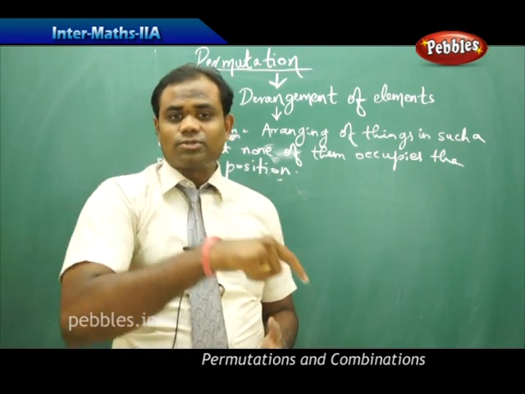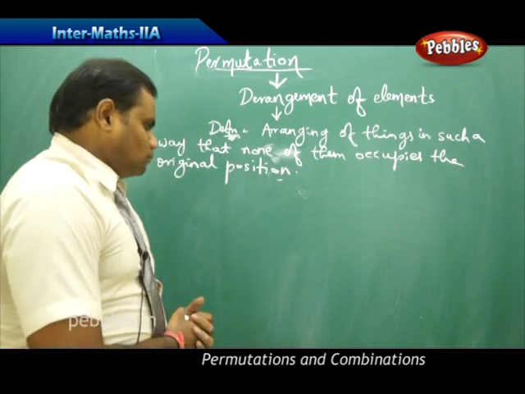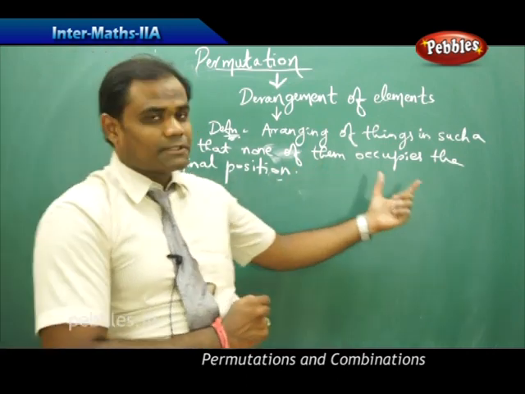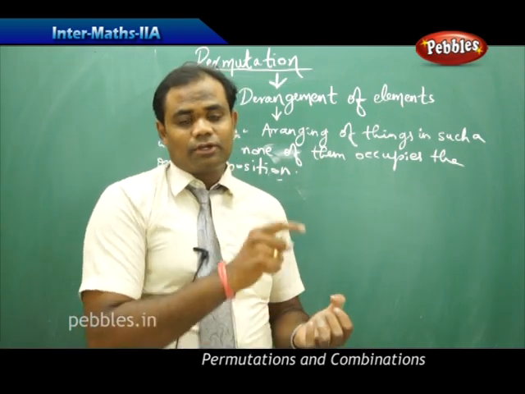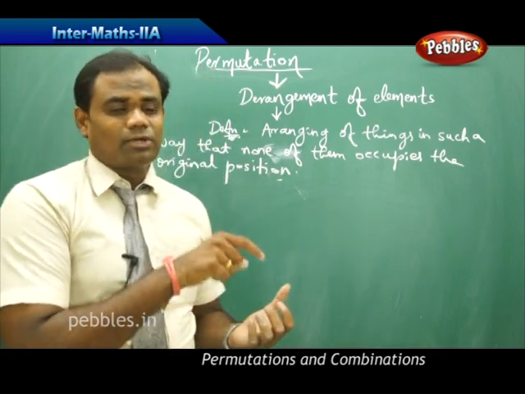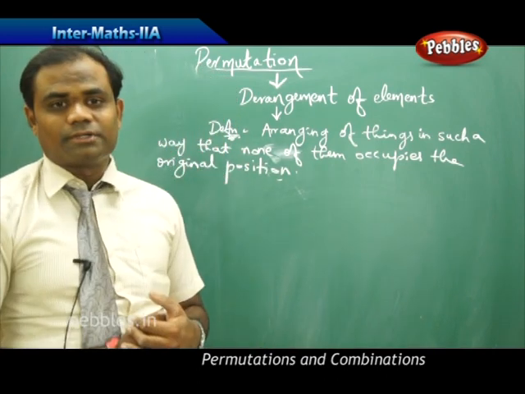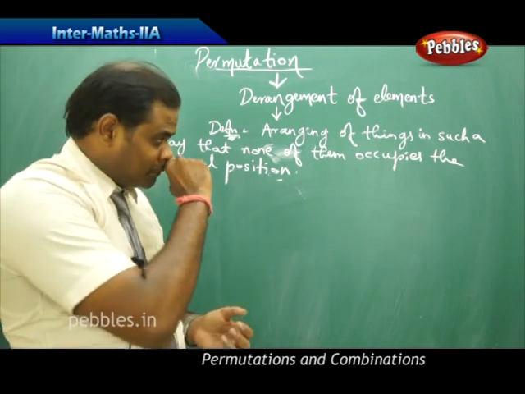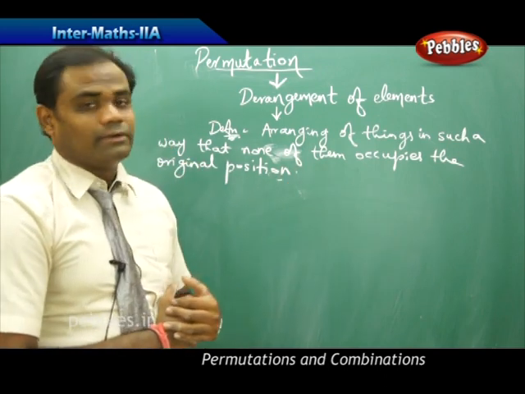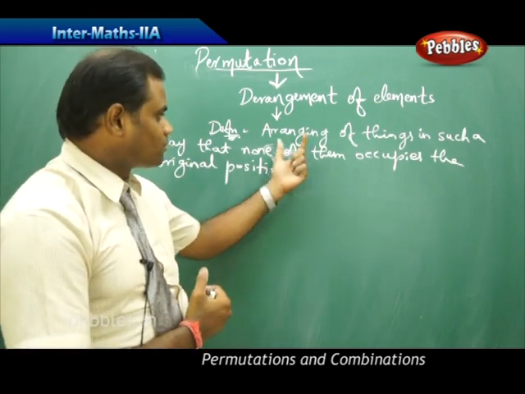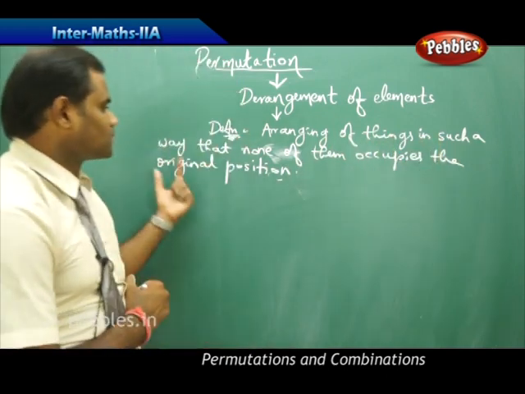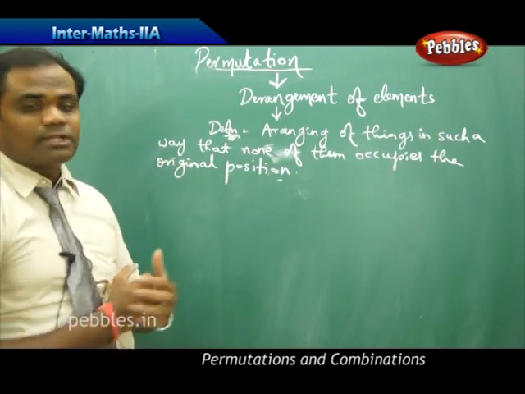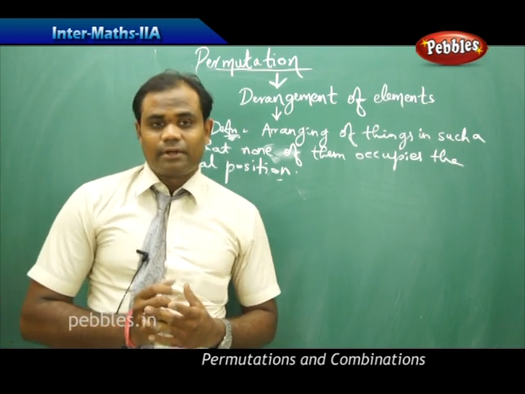It is quite the opposite of arrangement, because if the destiny is to arrange in a particular place and you are not considering occupying the original position, then that is called derangement. The process of arranging things in such a way that none of them occupies the original position is called derangement.